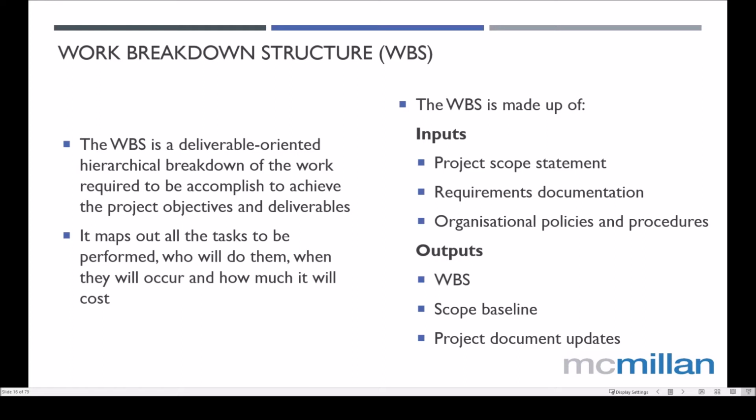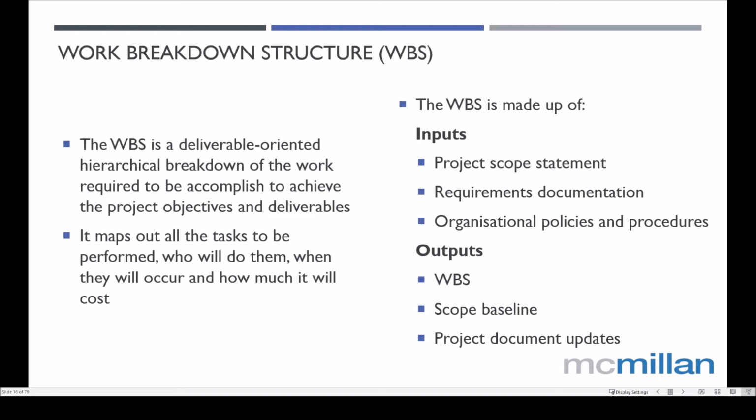To develop a work breakdown structure, you get your project scope and any of the other documentation that can let you know who needs to do what, or what needs to happen, or what the deliverables are. Those are the types of inputs that feed into the work breakdown structure: things like your project scope statement, requirements documentation, which could include procurement requirements, and organizational policies and procedures.